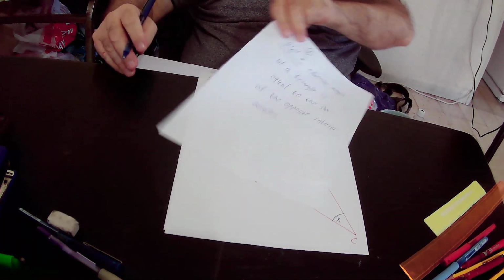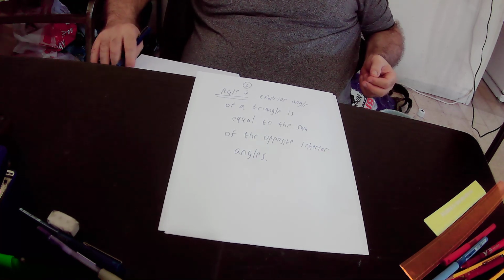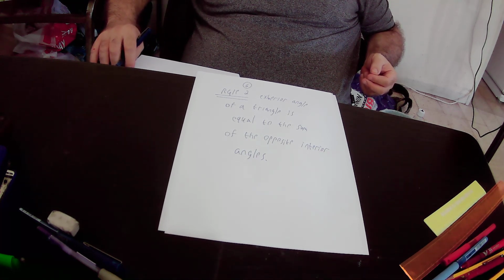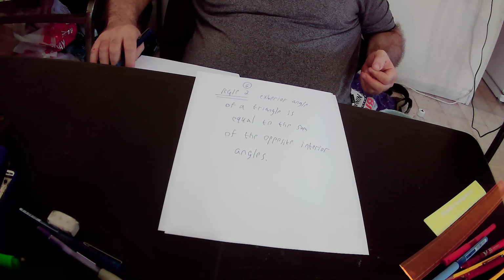I will read rule number 2 again. Rule number 2 states that exterior angle of a triangle is equal to the sum of the opposite interior angles.